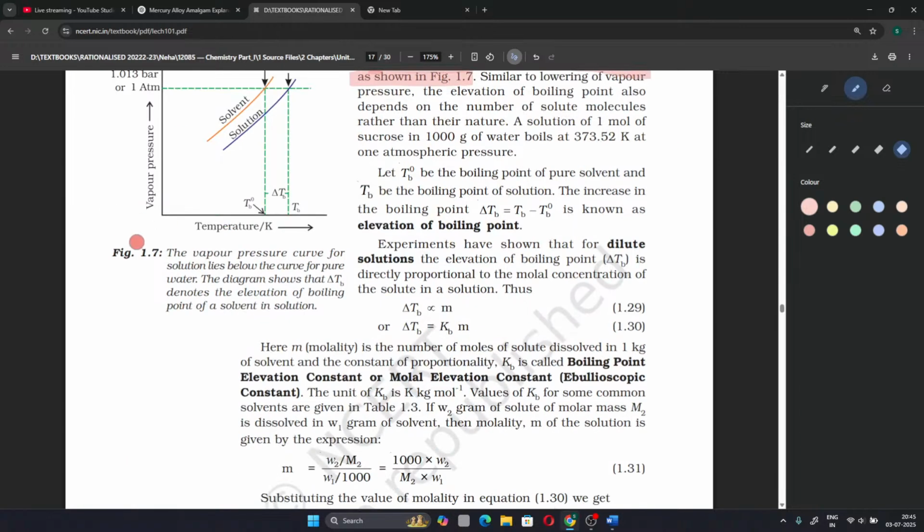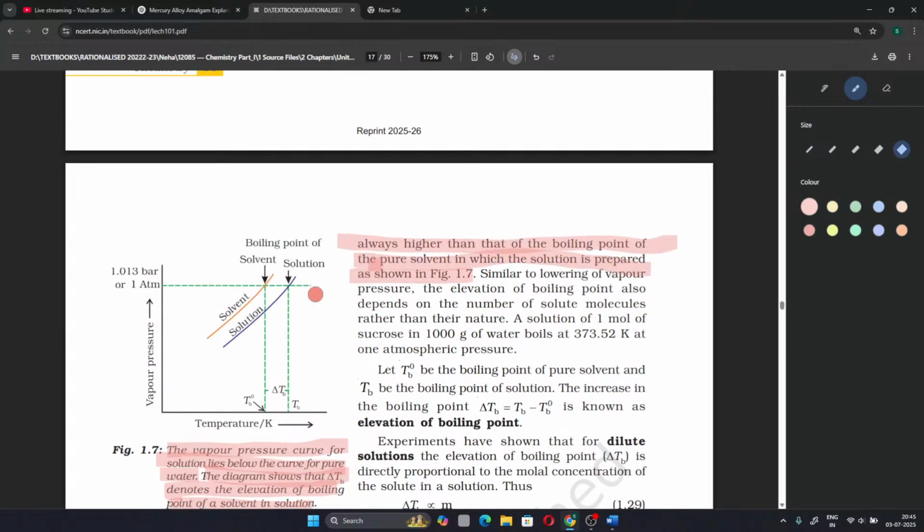Basically, let's see the figure. The vapor pressure curve for the solution lies below the curve for pure water. The diagram shows that delta boiling point, the change in boiling point, denotes the elevation of boiling point of a solvent in solution. They took temperature on the x-axis and vapor pressure on the y-axis. The solution has a higher boiling point, and the solvent has a lower boiling point.